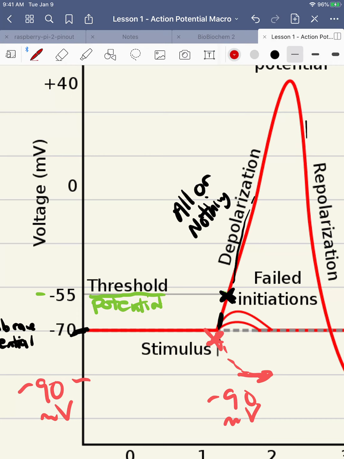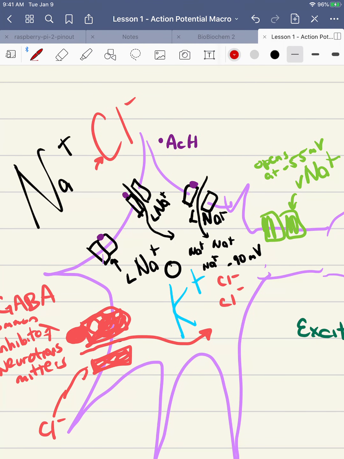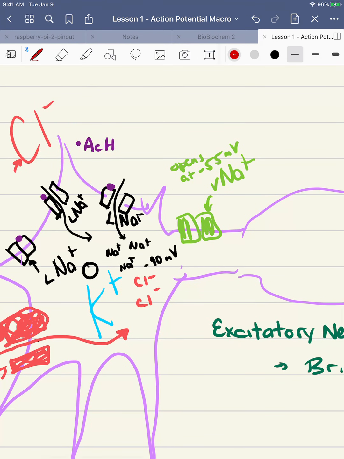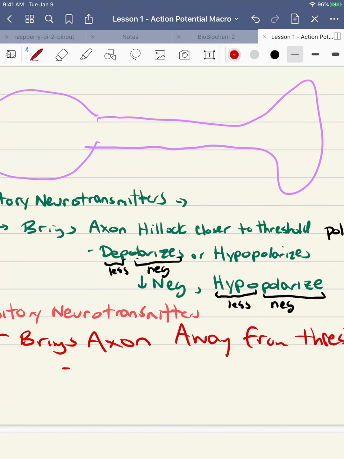We actually become more negative if we were to open up some chloride channels, because we said there's a lot more chloride on the outside of the cell relative to the inside of the cell. So chloride will flow into the cell, making this axon hillock more negative. And we have a term for that. We said polar means negative in this case. So we can say the cell becomes hyperpolarized.